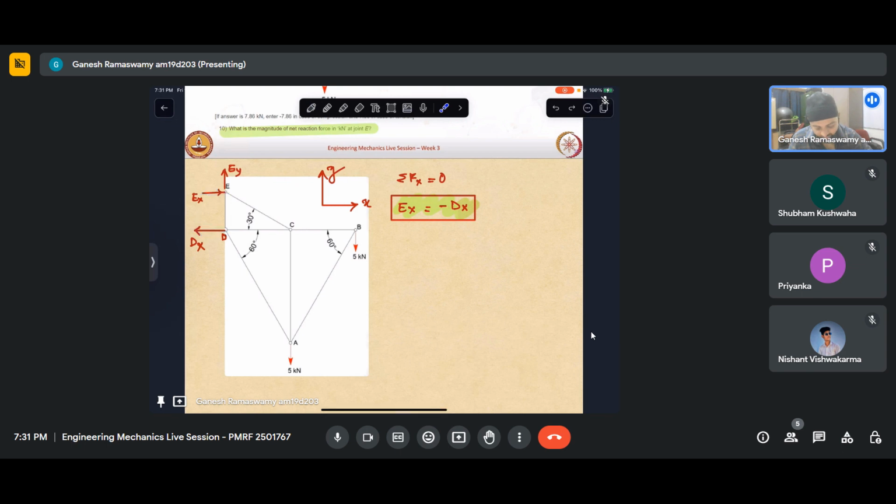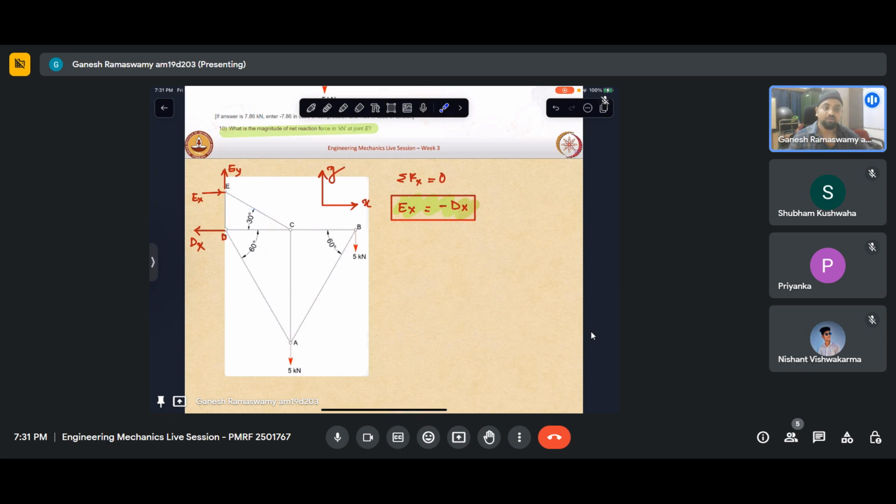So this will create a couple in the clockwise direction, as I can see. This will be R, this is F. So R cross F will be a clockwise couple. We are able to see that the force system that is applied, if we take a moment about this point, so this is R, this is F, this creates a clockwise moment. Similarly, this force also creates a clockwise moment.